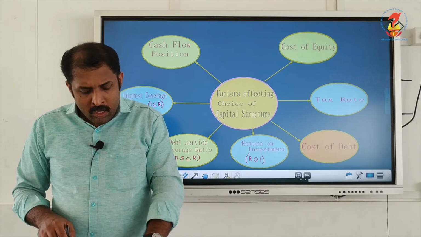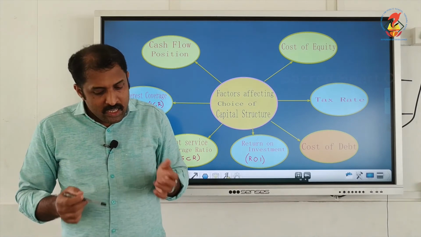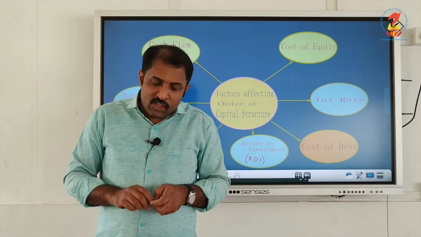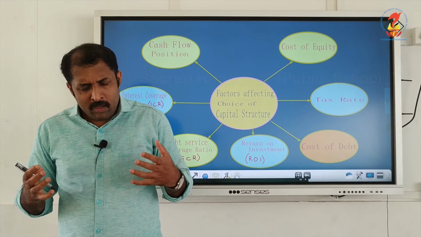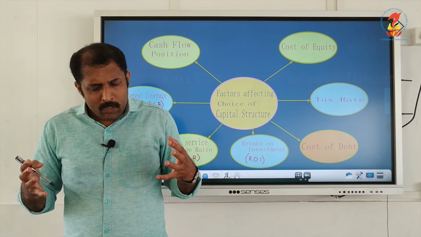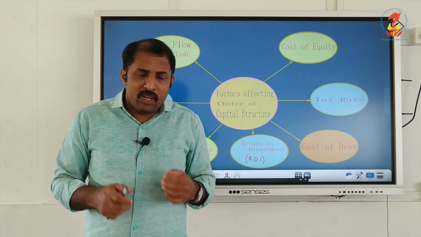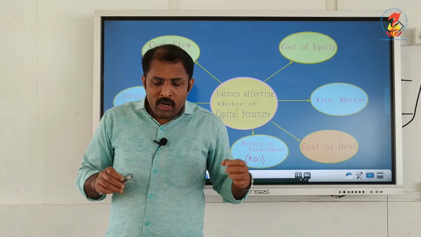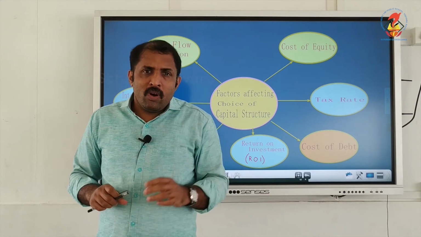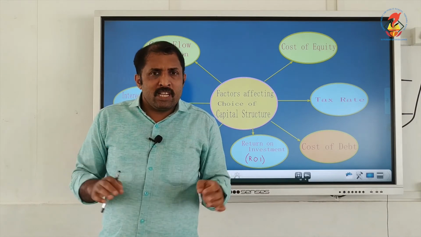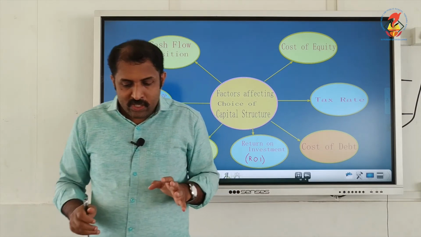And when the company is increasing debt, there is a chance for financial risk. You have to keep in mind that if we are using debt beyond a particular level, there is a chance for higher financial risk.